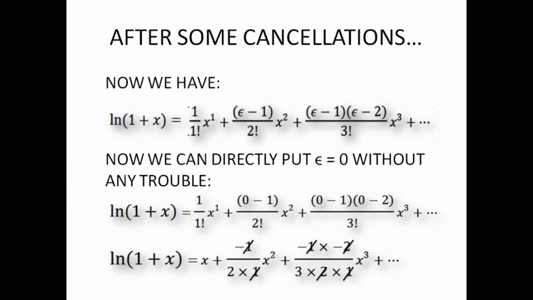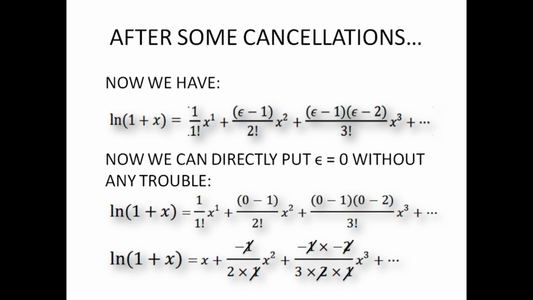So now we have ln 1 plus x is equal to 1 by 1 factorial x power 1 plus epsilon minus 1 by 2 factorial x square plus epsilon minus 1, epsilon minus 2 by 3 factorial x cube. But now, voila, we don't have any epsilon in the denominator.